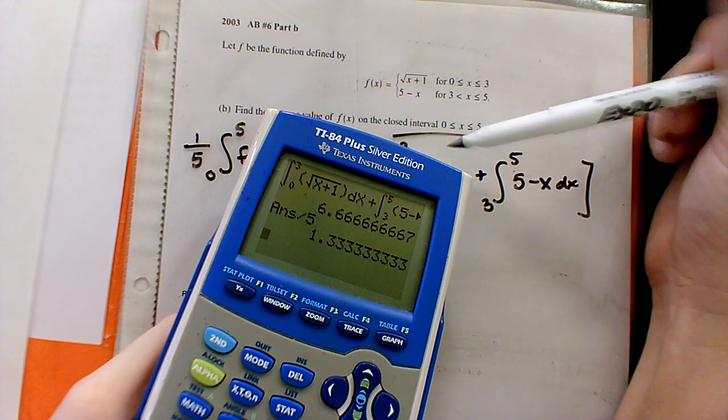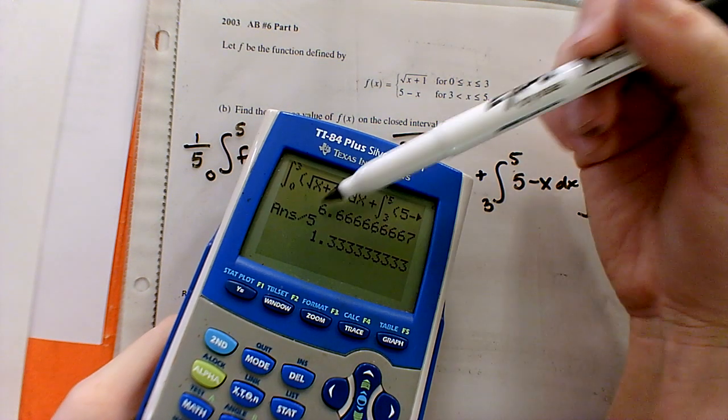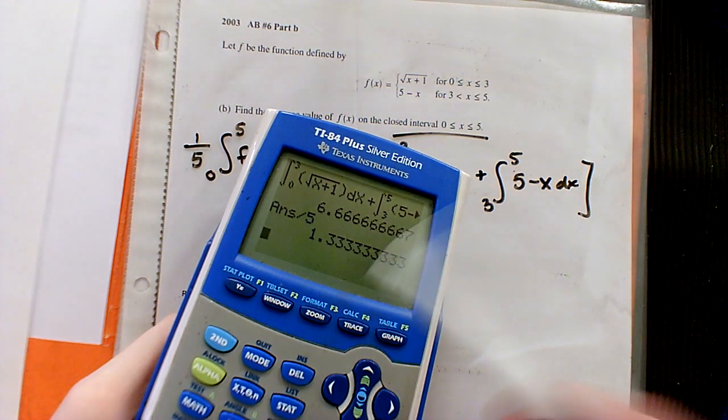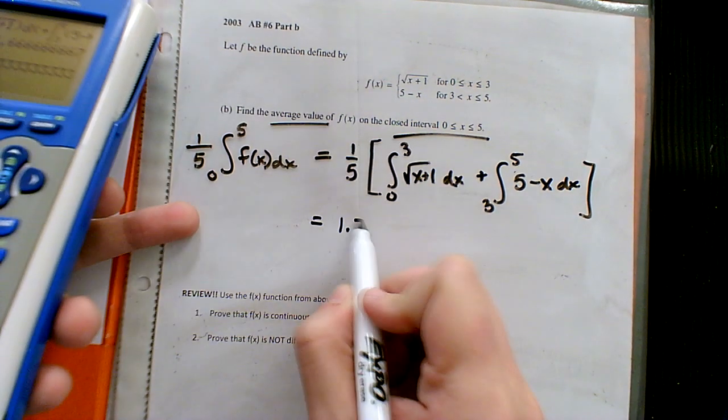I found my integral values first, and then I divided by the 5 that we had out front and got 1.333.